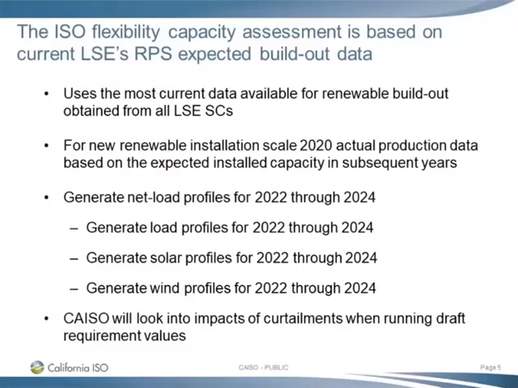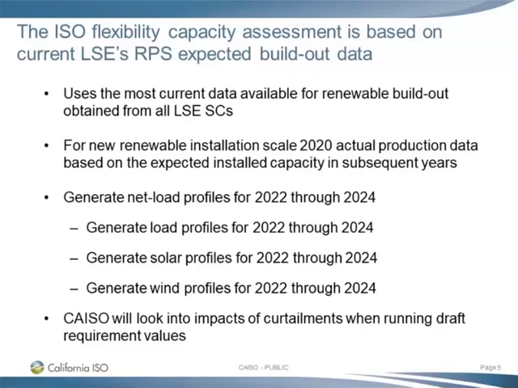So a few of the things we need is for the LSEs to tell us the expected renewables build out for the next 3 years. Right now in 2020, we're looking at the binding year, which is 2022, and then we also provide advisory for 2023 and 2024.